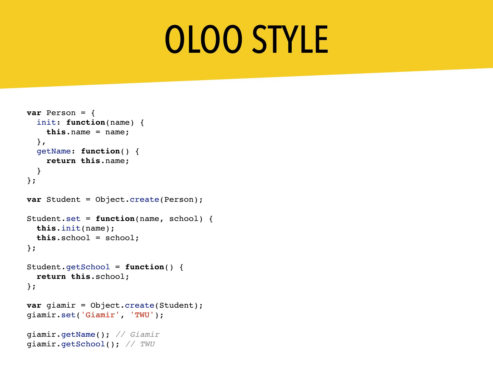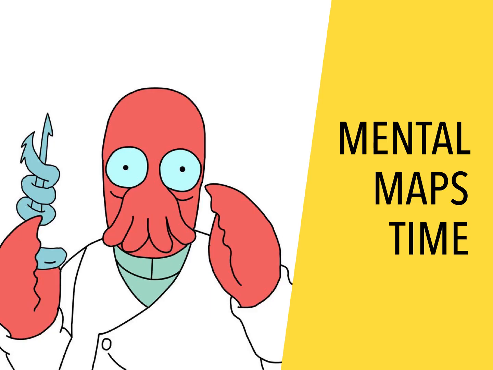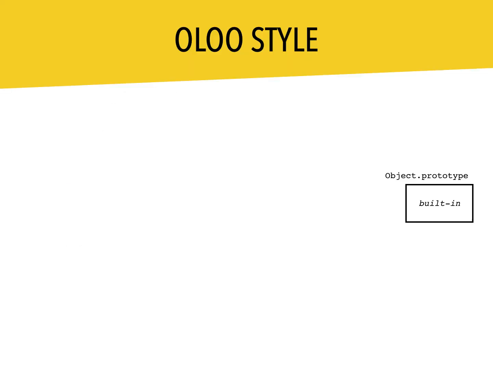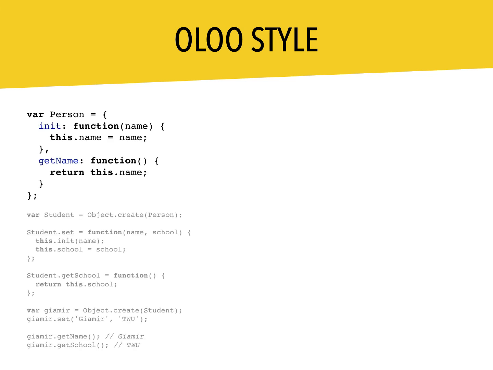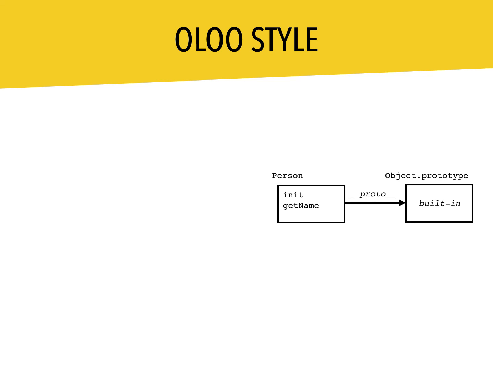But let's try to understand this code with the help of mental maps another time. So, as always, object.prototype is the last element of our prototype chain, and here we are creating a person object with a literal form with a couple of methods, and JavaScript is gonna automatically link this object for us to object.prototype.